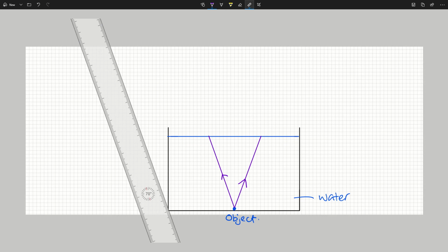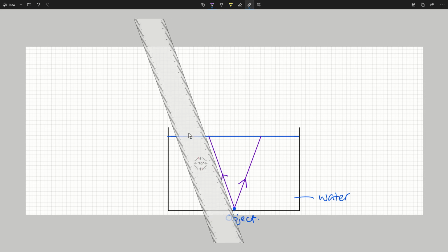So, when light leaves the water and enters air, it is moving from an optically denser medium to an optically less dense medium. So from optically denser to optically less dense, the light ray bends away from the normal.